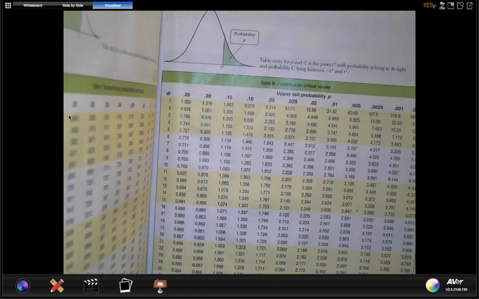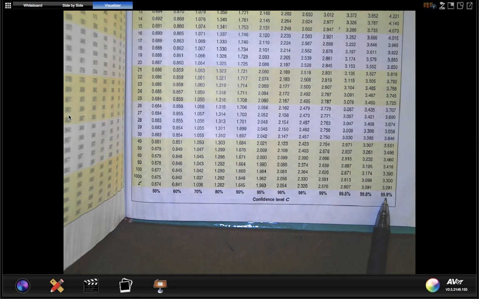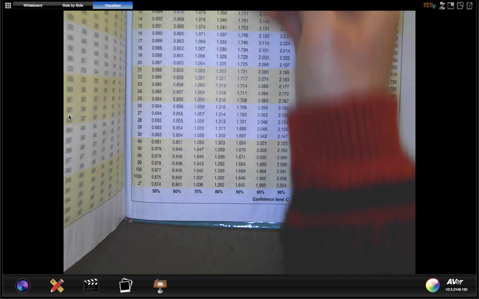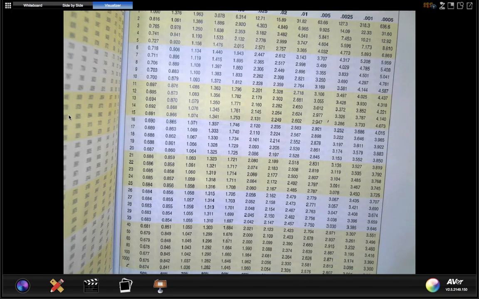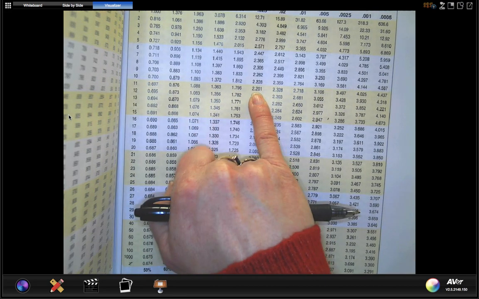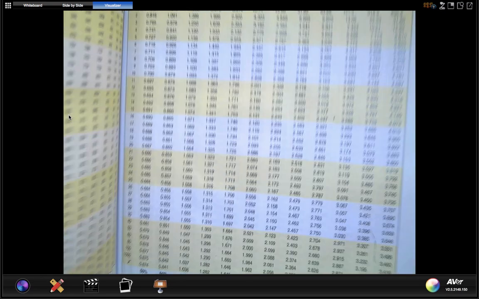At the bottom it gives you the confidence level. If I want 95, the degrees of freedom are in the first column. I line up the 95 with the 11 degrees of freedom and I get 2.201 from the book.